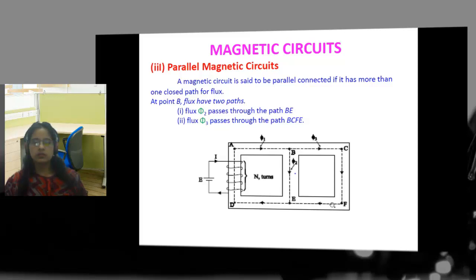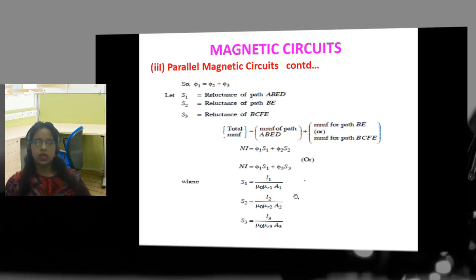Here phi 1 was there, and after coming here it gets divided into phi 2 and phi 3. So this type of circuit is known as a parallel circuit. Now phi 1 is equal to phi 2 plus phi 3, just like current I was equal to I1 plus I2, so here also the flux is the sum of the branch fluxes.